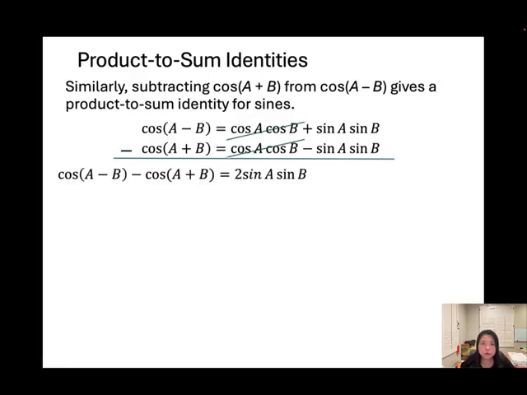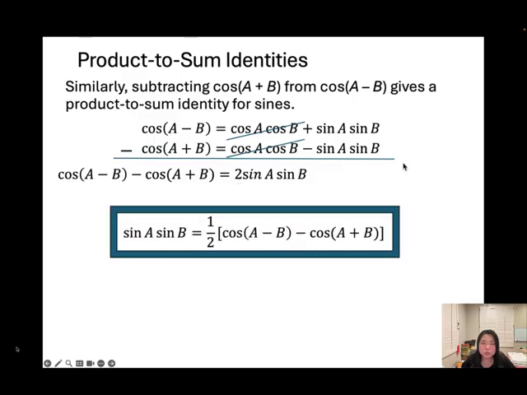So I'm left with cosine A minus B minus cosine A plus B equals, negative, negative becomes positive, 2 sine A sine B. And then we're going to divide both sides by 2 again. So we do have another product to sum identity, the product to difference identity.